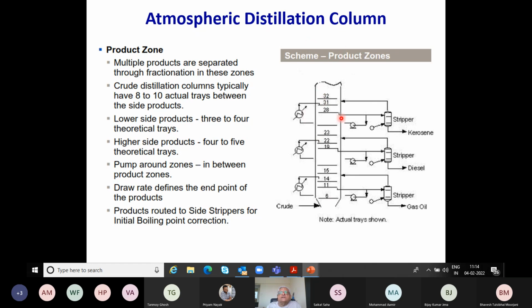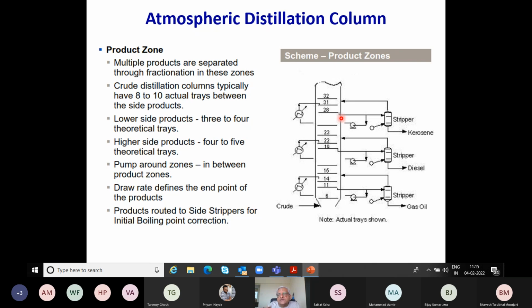The reflux we provide at the top of the column, if you remember what was taught in your undergraduate course, is how the reflux helps us to give a better fractionation: the less volatile components which are trying to come to the top are condensed by the reflux, which is rich in more volatile components.